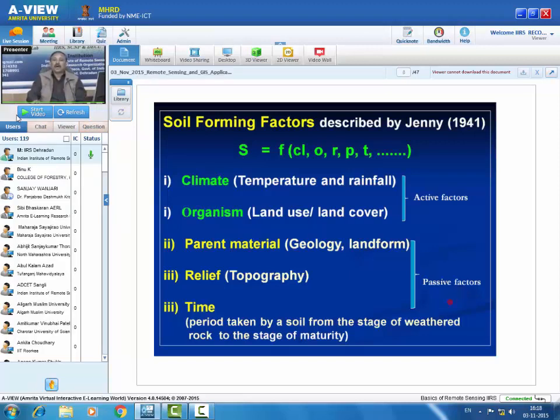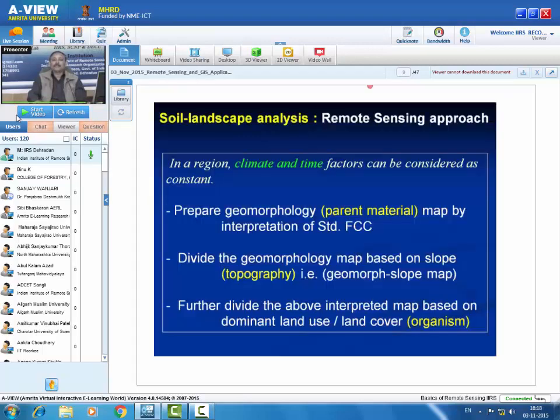So our soil mapping concept is based on all these five factors. And for any area, suppose you want to map one watershed or one district.